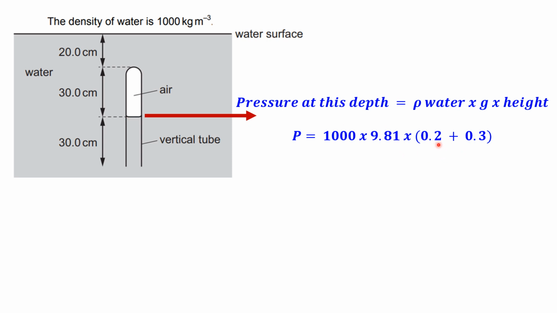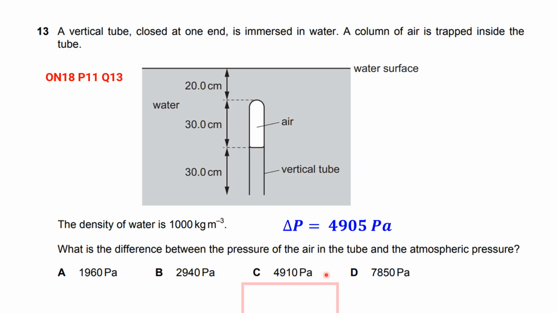In meters that is 0.2 plus 0.3, and the product of this is 4,905 pascals. So the best answer is C, which is 4,910 pascals.